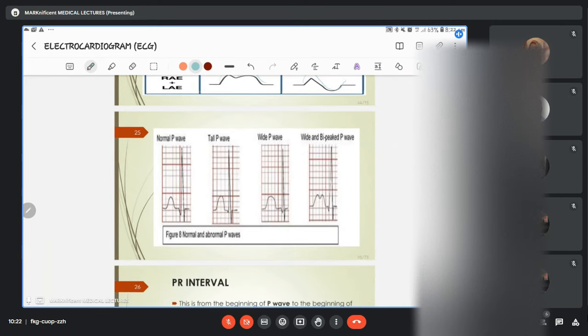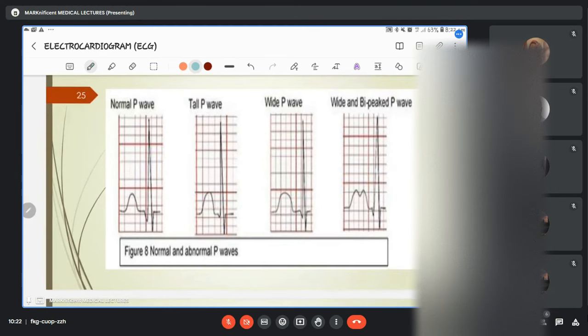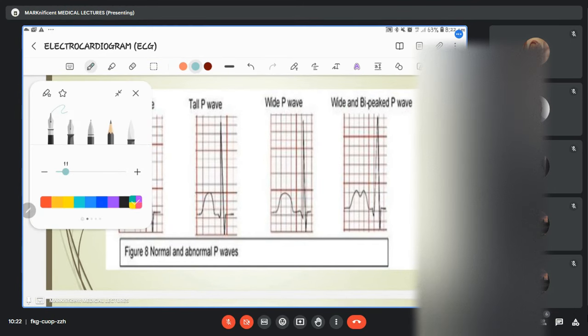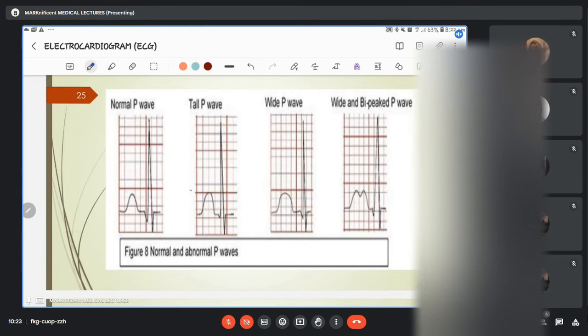You have the P wave, which is normal. This is the normal P wave. But then for the top P wave, look at where this ends. For the normal P wave, this ends here. This is from here to here. This is the P wave, right? But for the top P wave, it is starting here, but then it is touching this line. It is extending up to this line.